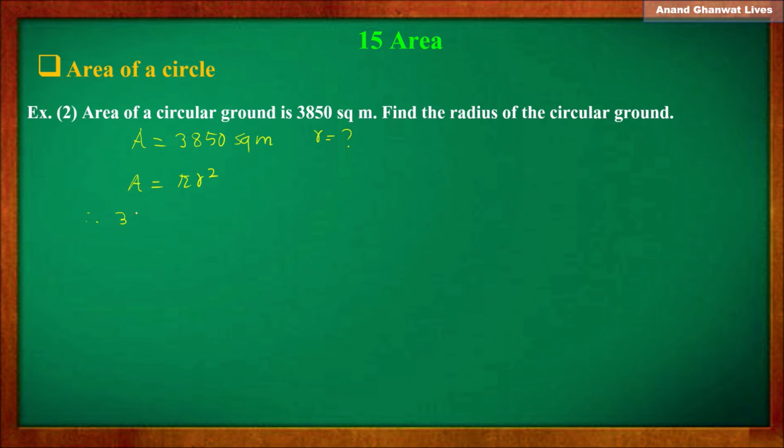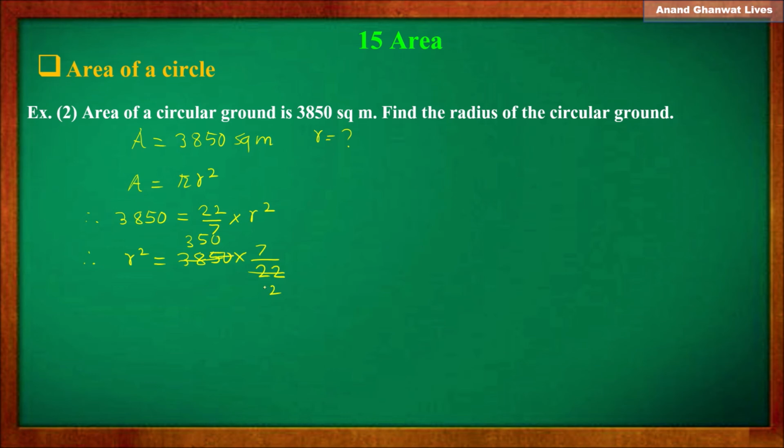Therefore 3850 is equal to 22 upon 7 into r square. Now value of r is unknown here, so r square is equal to 3850 into, now multiply 3850 with the reciprocal of 22 upon 7, that is 7 upon 22. Now divide. 11 2s are 22, 11 3s are 33, 5 is the remainder, 5 and 5 is 55, 11 5s are 55.